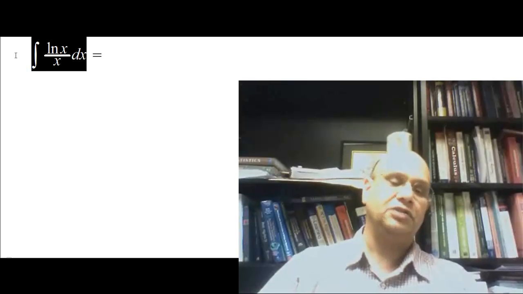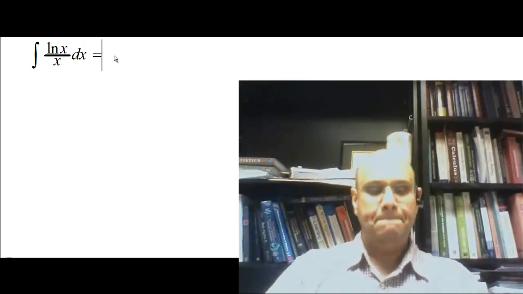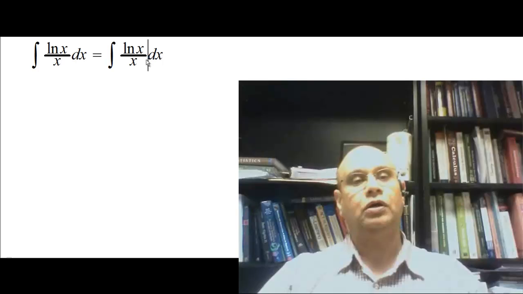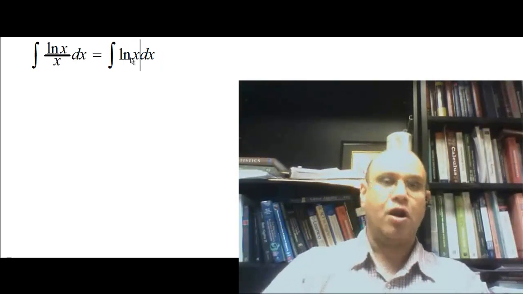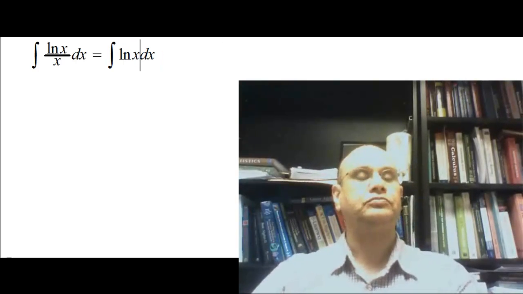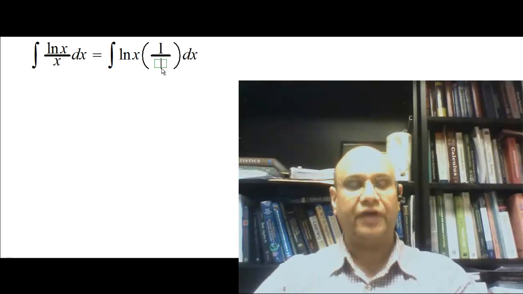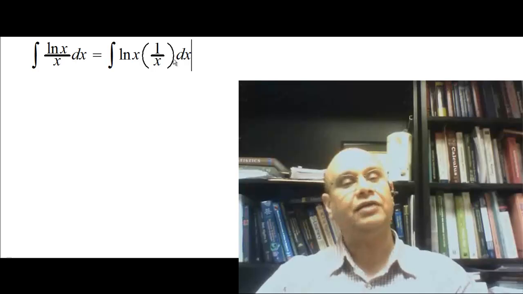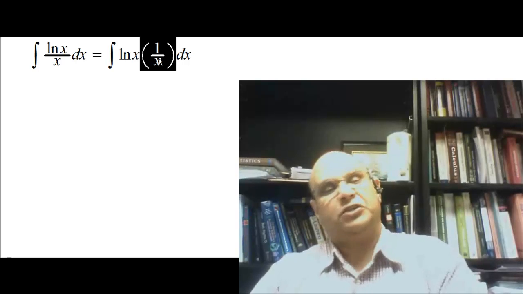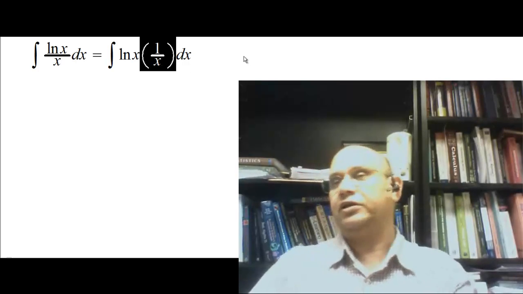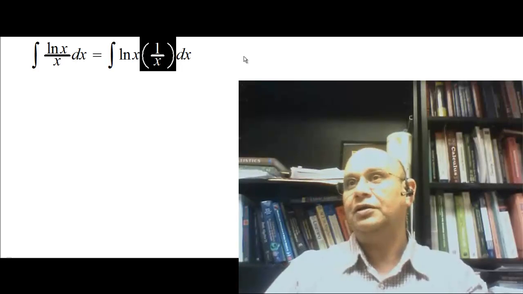That was very nice, the way you took natural log of x, then split it as a factor like this, but then we tried substituting this as u, and that didn't do much for us, right? Makes sense?